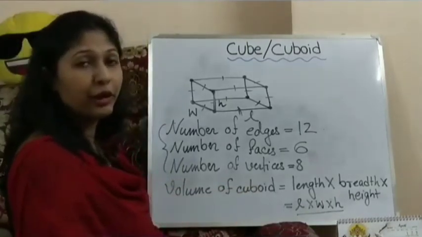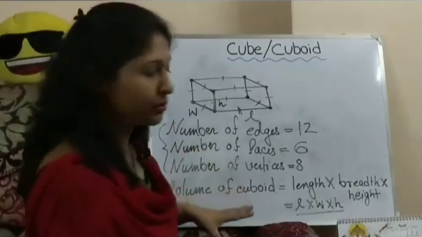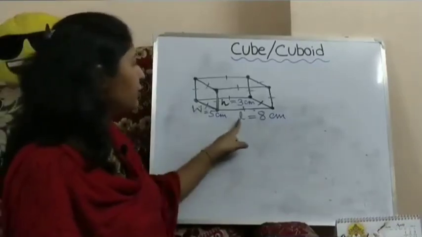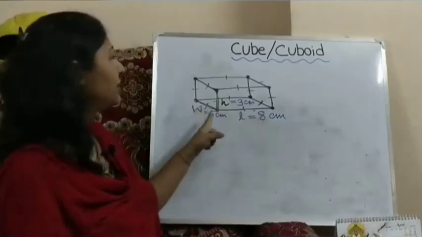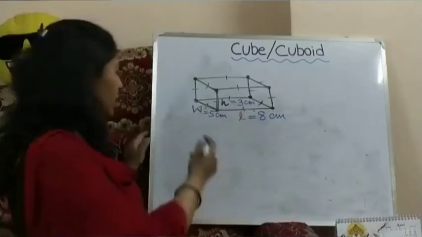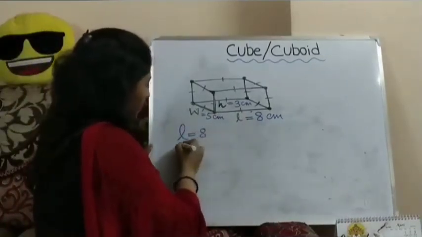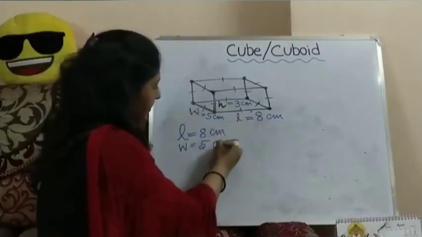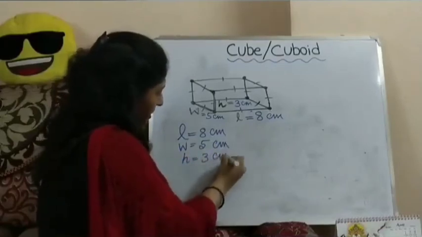So now I am going to show one problem sum, then you people can get it properly. Here I took length, it is 8 centimeter, width 5 centimeter and height, that is 3 centimeter. So L equal to 8, width that is 5 centimeter and height it is 3 centimeter.